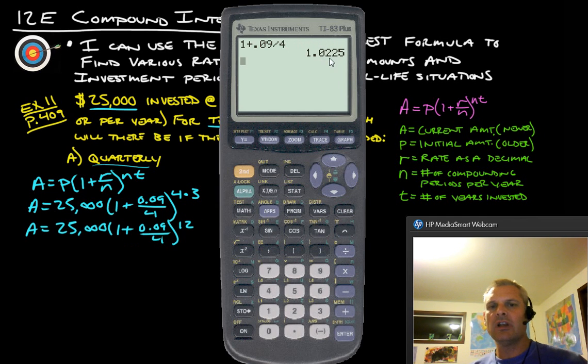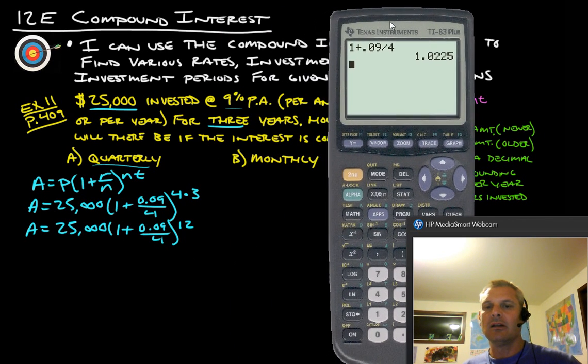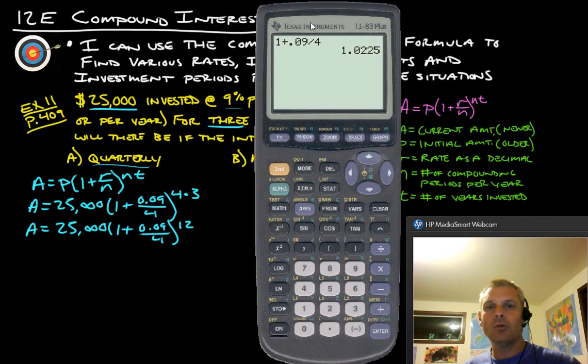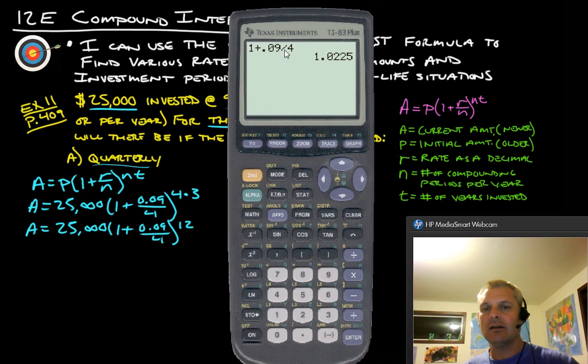And that gives us 1.0225. Because basically the interest is 9%, but that's only 9% per year. That's not every quarter. So what you have to do is take that 9% and divide it into 4 equal pieces. So really you're getting 2.25% 4 different times in a year, which gives you your actual 9%. Okay, so that's what this is all about.